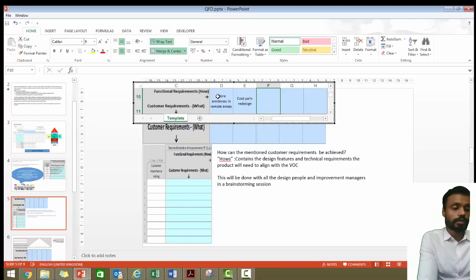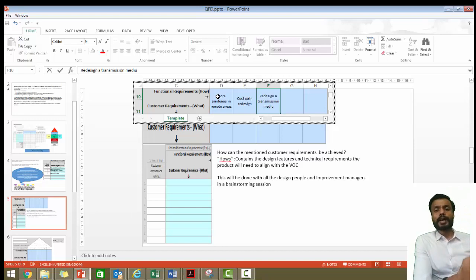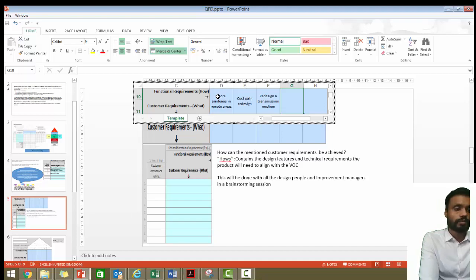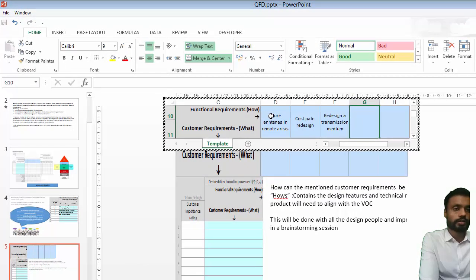So design a transmission medium. Another one could be, minimize the sharing of antennas of other service provider. So minimizing the antennas of other service provider.